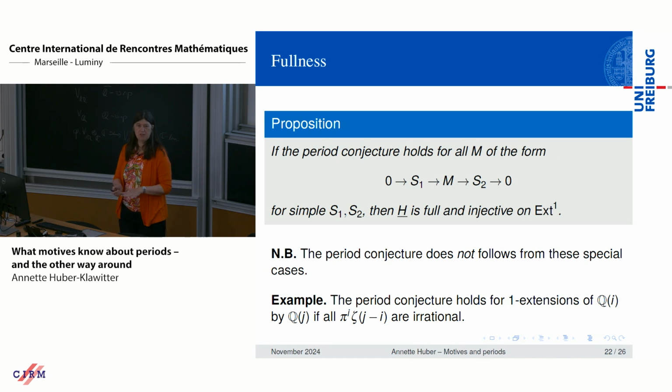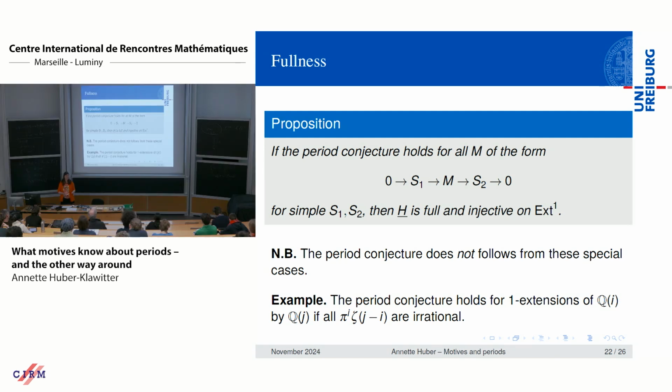And that's, of course, much simpler than saying that they are all linearly independent. It's much easier. Still have fun, right? We don't know this. We don't know that these numbers are irrational. We're very far from that. But it's, of course, much, much easier than showing that all multiple zeta values are independent of each other unless we have an obvious relation. So fullness is much easier than the period conjecture.